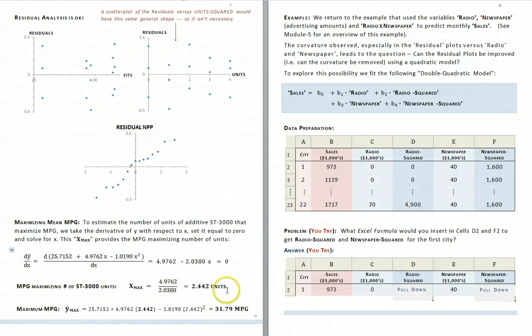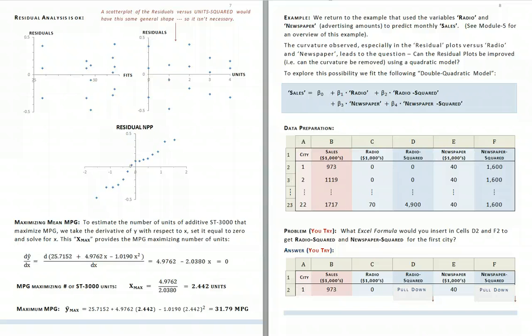When we include 2.442 units of additive per gallon of gasoline, we obtain the standard car maximizing miles per gallon of 31.79 miles per gallon. This concludes our first example of a quadratic model.